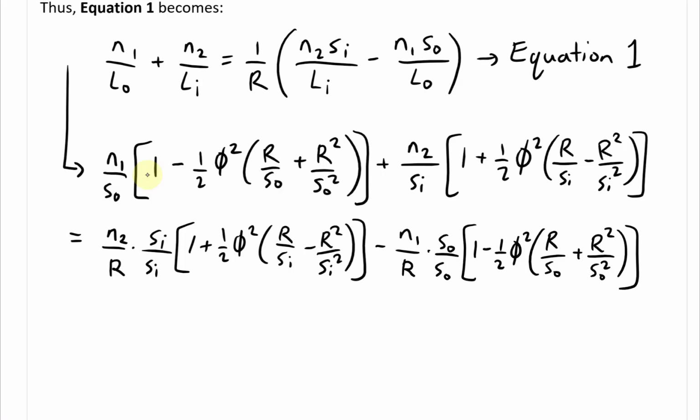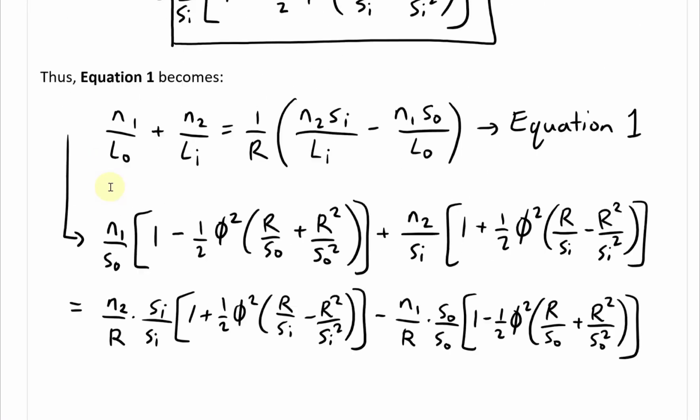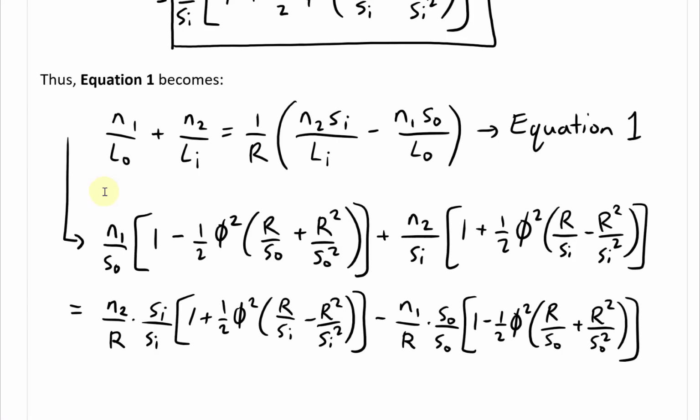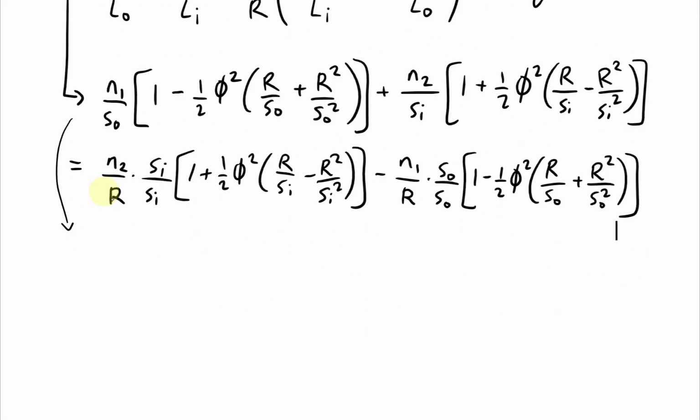And now we're going to start having to multiply. We're going to multiply this out inside. So let's just keep scrolling down. This one's going to go down here. And now we're going to have to multiply this inside. So N1 over S naught times 1, that remains like that.